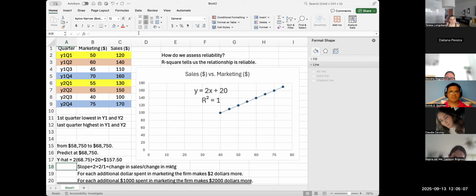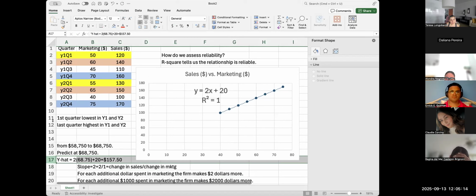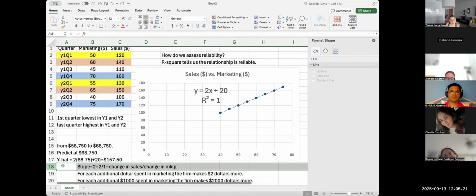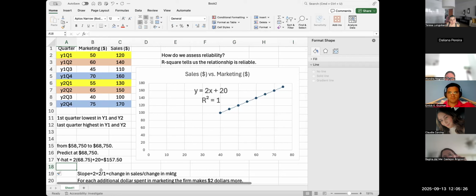Now, what was it at 58,750? So we need to find that. So these numbers are not here, right? You have some numbers that help you draw the line, but we have to calculate it for both. Oh, this is kind of tricky too, because you don't usually calculate for both. So 2 times 58.75 plus 20. What do you get for that one?